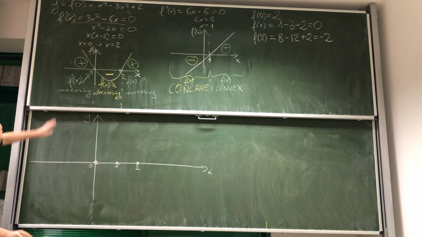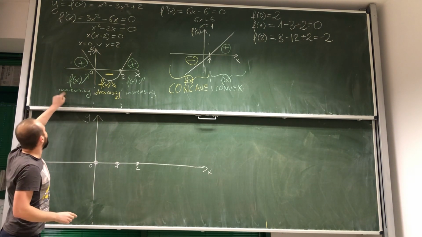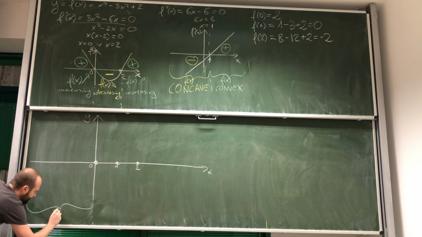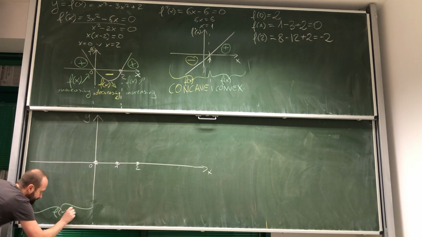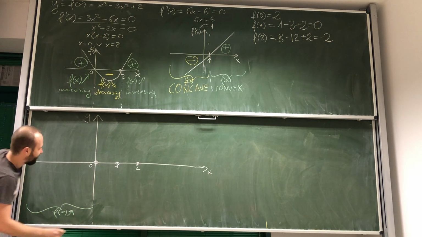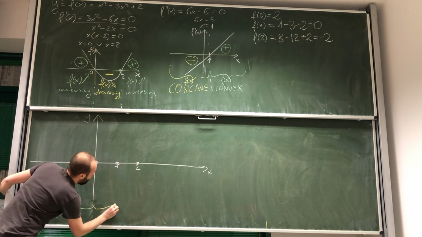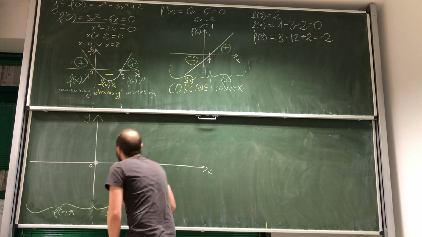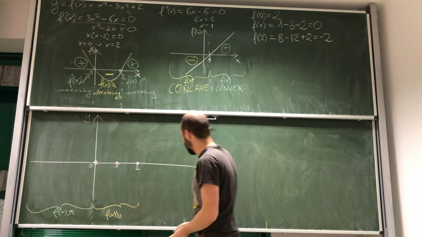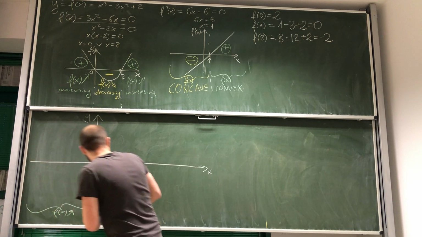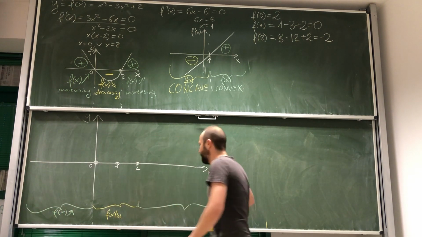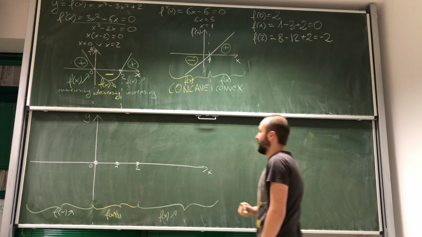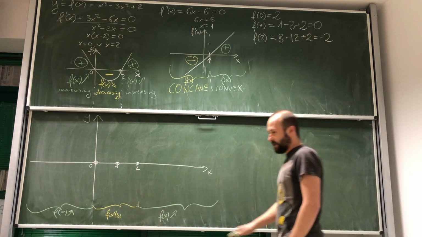We know that the function from negative infinity to 0 is increasing. Then we know that the function from 0 to 2 is decreasing, and from 2 to infinity is again increasing.